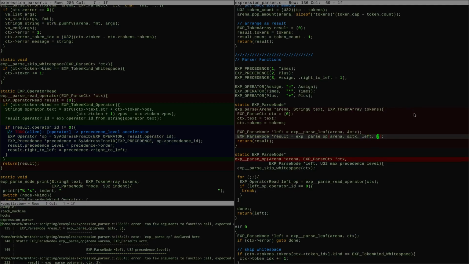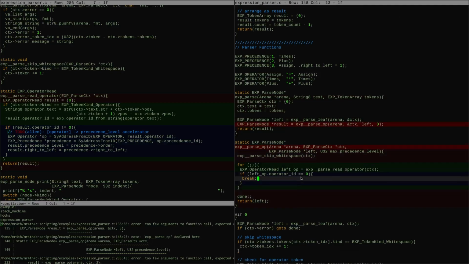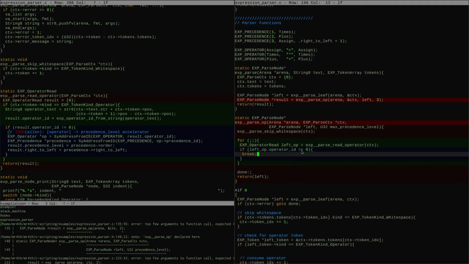You parse a leaf. And then you see if you can attach an operator chain to it. If the ID of the operator is 0, then you break out.